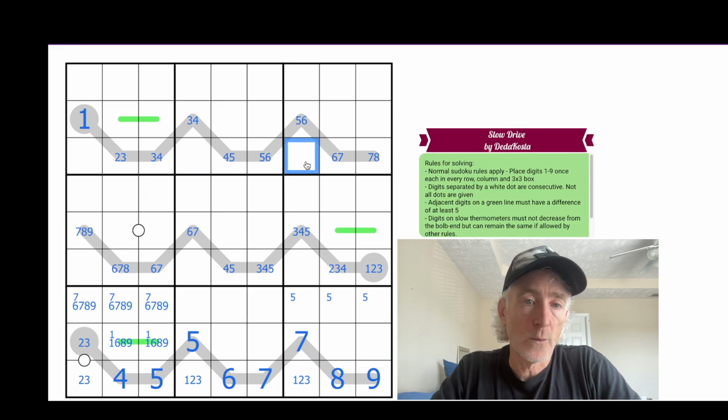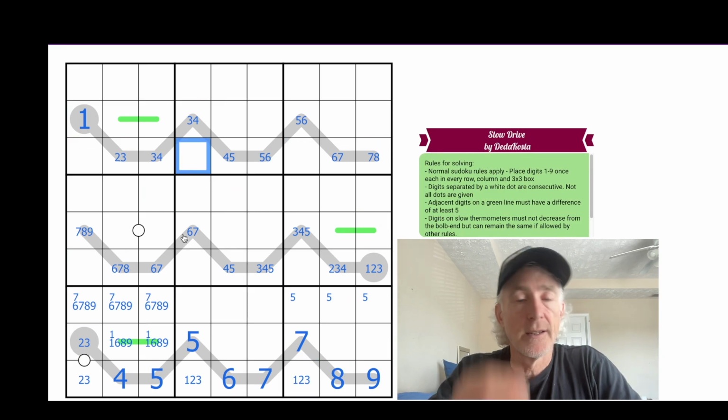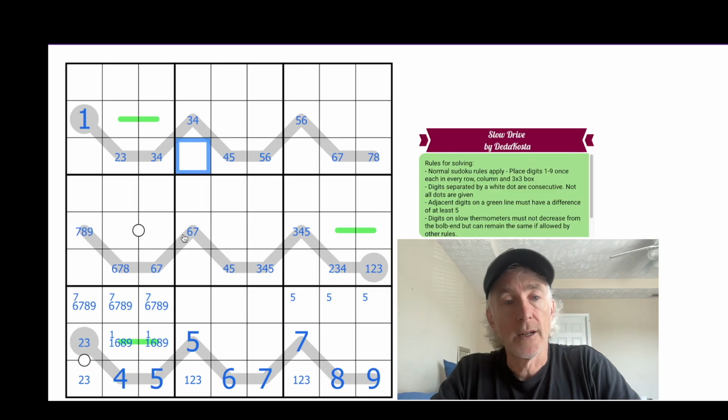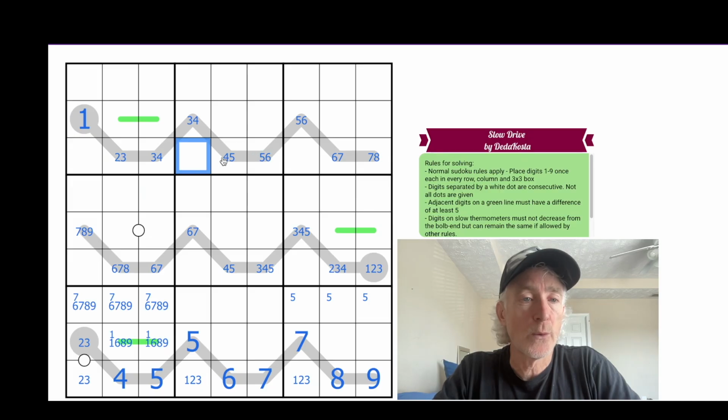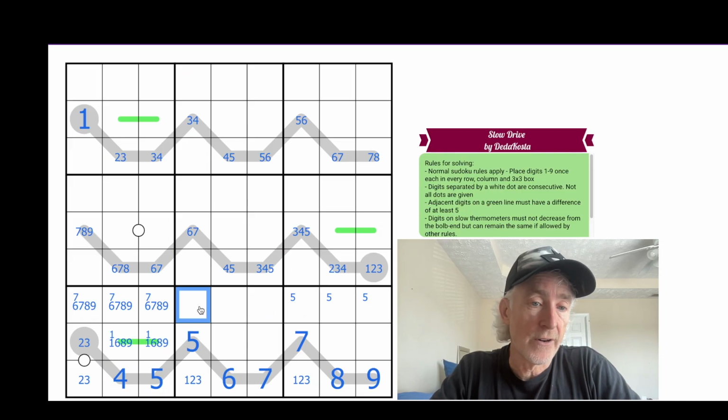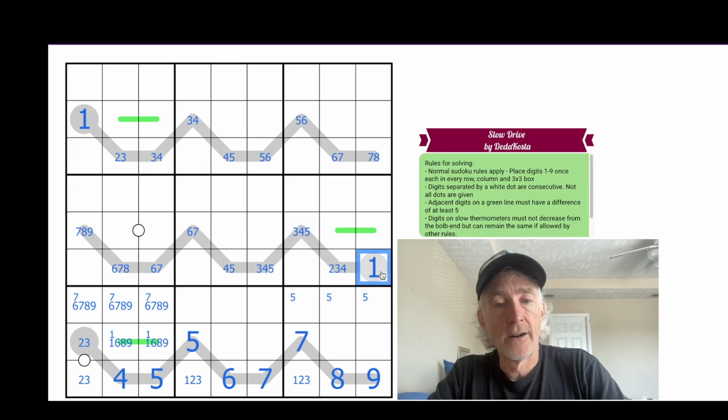I'm not going to mark the 1s up here because it goes into 2 different regions. But it is an X-wing on 1s. So 1 is never going to be here, here, here, here, here, or here. So that's important because if these can't be 1s, and this can't be a 1, then this has to be a 1 right here.